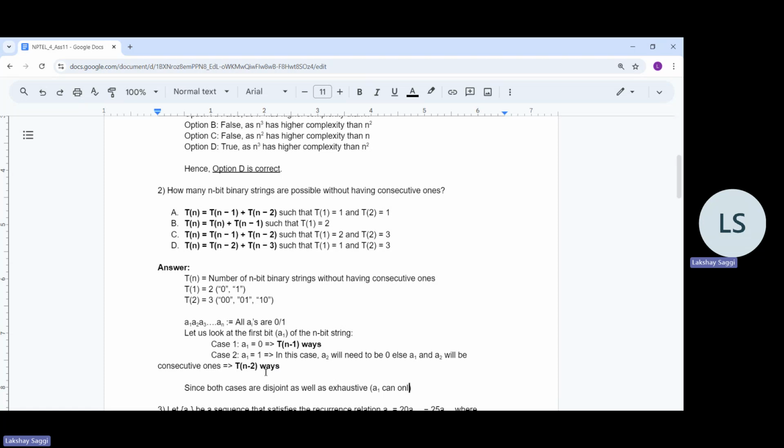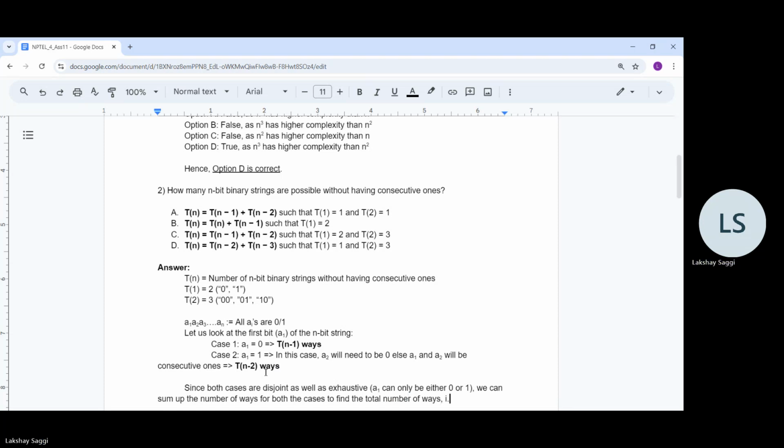Because a1 can only be either 0 or 1. And so we can sum up the number of ways for both the cases to find the total number of ways.